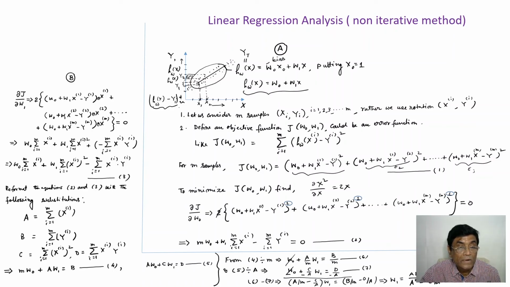Then W1 xi squared, you see, x1 into x1, x2 into x2, so xi squared, and so on, minus, I have it in class, minus xi into yi. So after simplification, you are getting another equation.